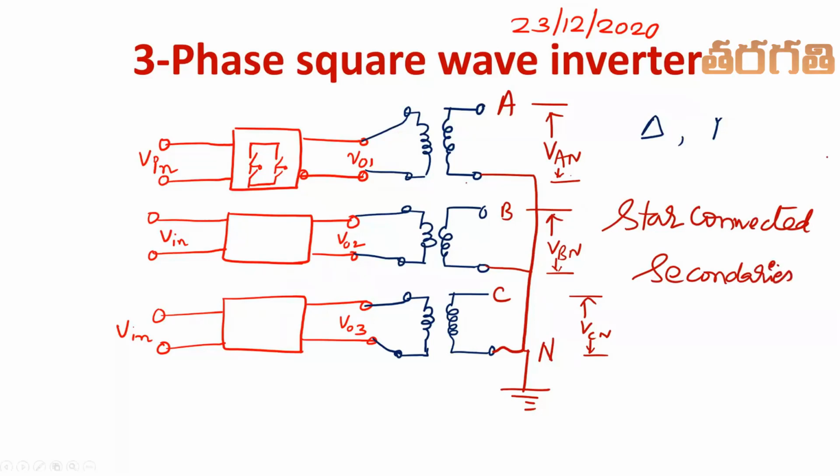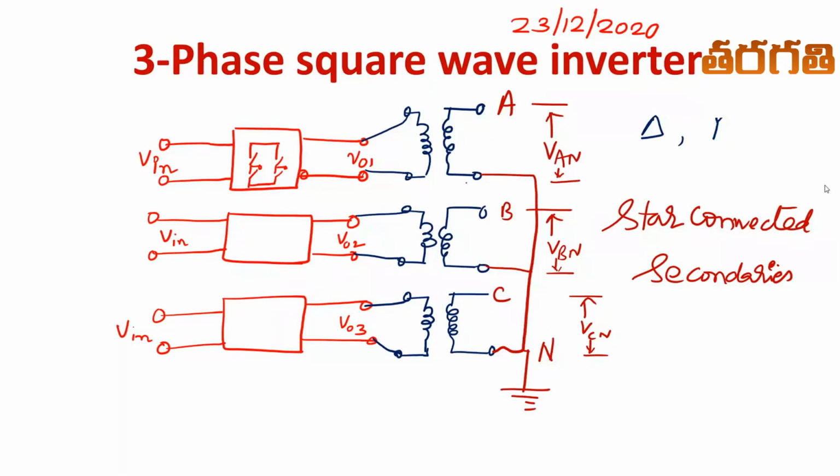We have studied how three resistors can be connected in a star fashion and delta fashion. When the similar ends are joined to a common point, that connection is known as a star connection. So I am joining the neutrals of all the transformers and I am grounding them.